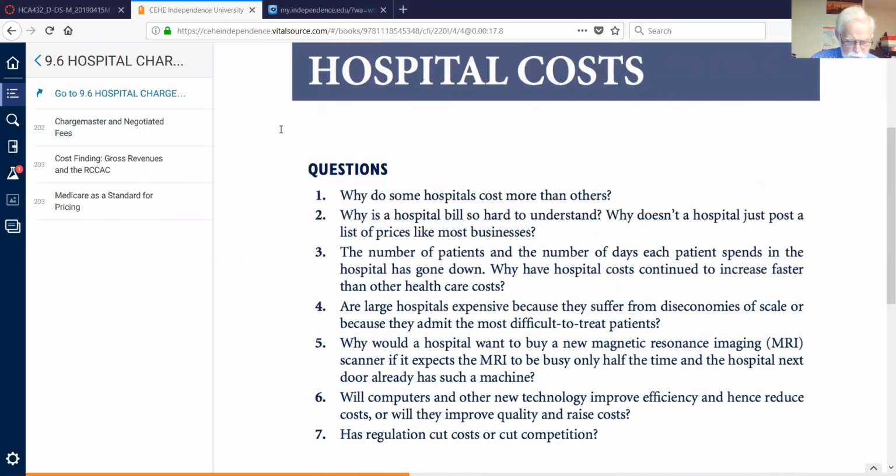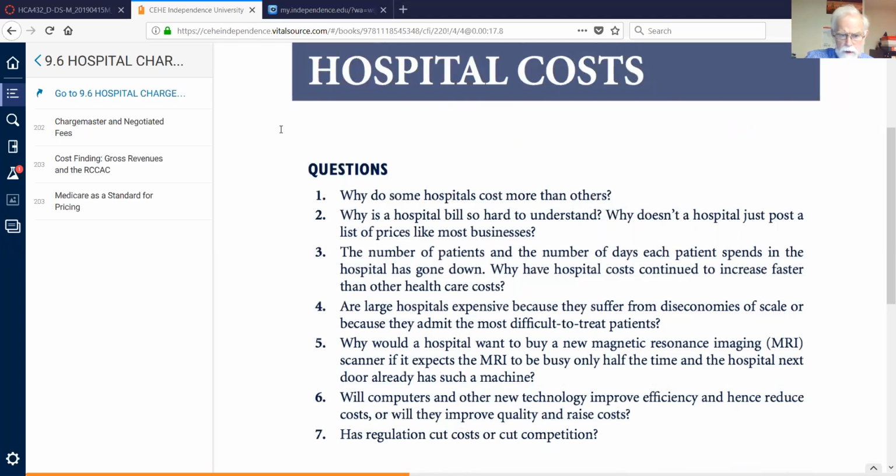Thing to keep in mind is that in recent years, hospital costs have been inflating at a much higher rate than even the general inflation in medical costs. And there are a number of reasons for that.